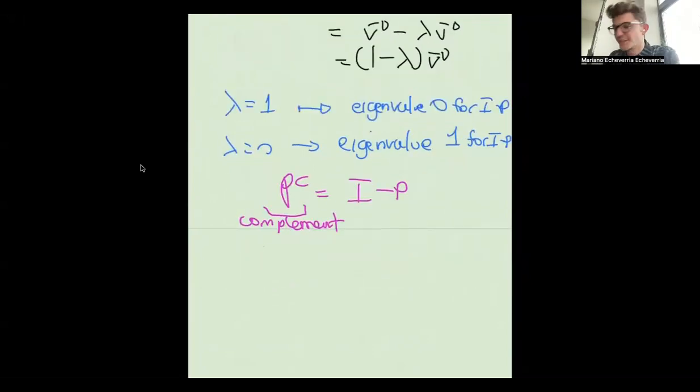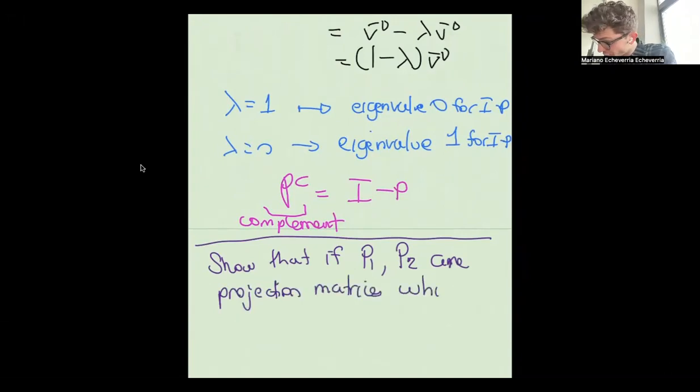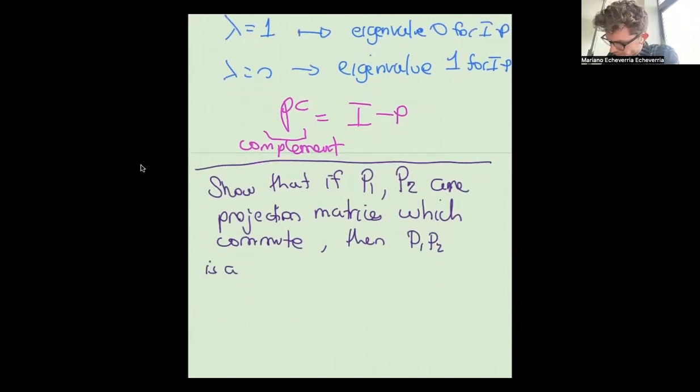In fact, let's do another one which is cute, related to this. Show that if P1 and P2 are projection matrices which commute, then P1 P2 is a projection matrix.